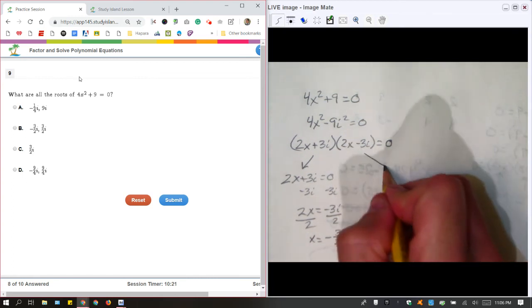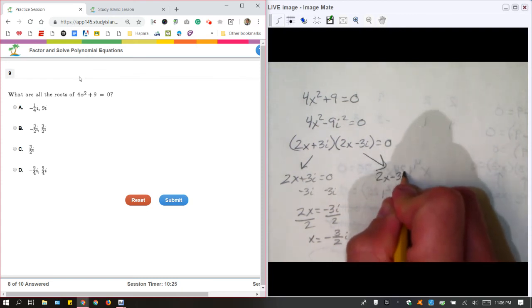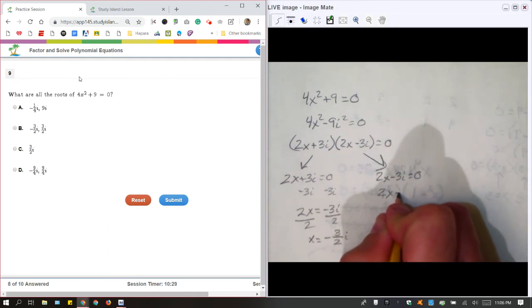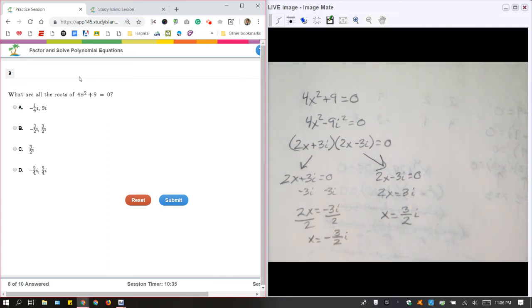Over here, it's the same thing, but it becomes 2x minus 3i equals 0. So we're going to have the exact same thing, but the positive version, because it's 2x equals positive 3i, and then x equals 3/2 times i. Divide by 2 on both sides. So which one says that? Negative 3/2 i, positive 3/2 i. There we go.